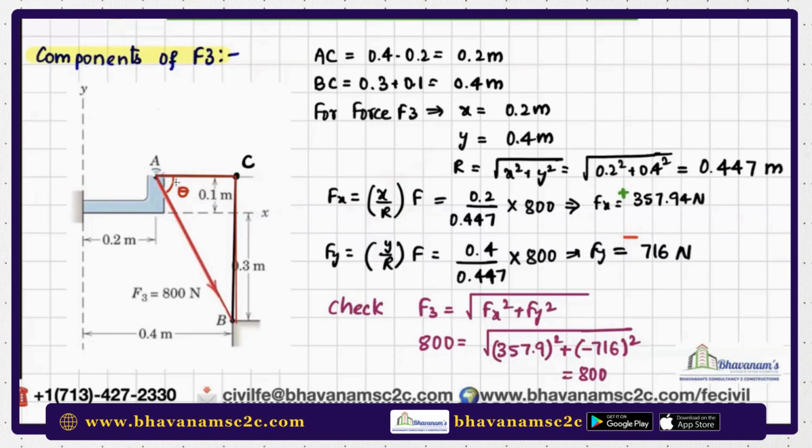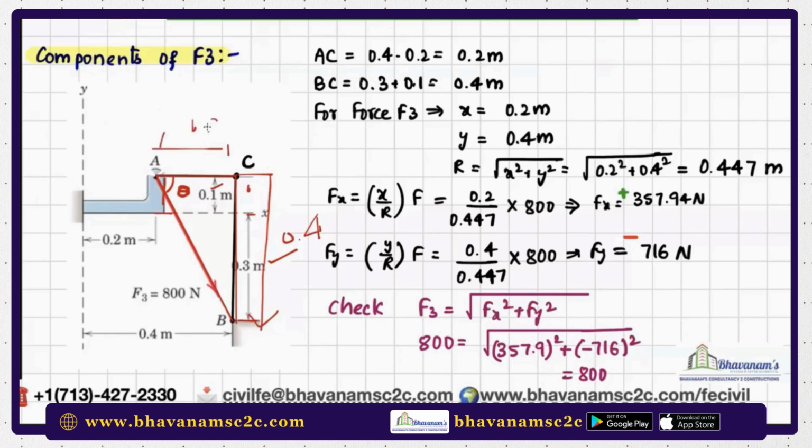Then it formed a triangle with angle theta. They have given 0.3 as the distance from here to here, and from the point of application to this height, they have given 0.1. So what will be BC now? It is nothing but 0.3 plus 0.1, that is 0.4. So for this entire triangle, this will be 0.4 and this will be 0.2.